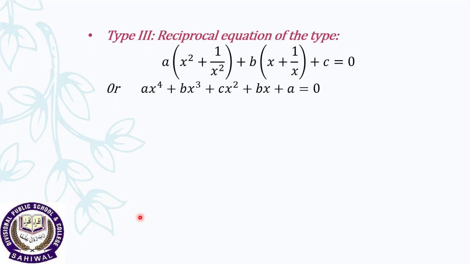The third type is the reciprocal equation. In the reciprocal equation, we replace x by 1 over x in the given equation.